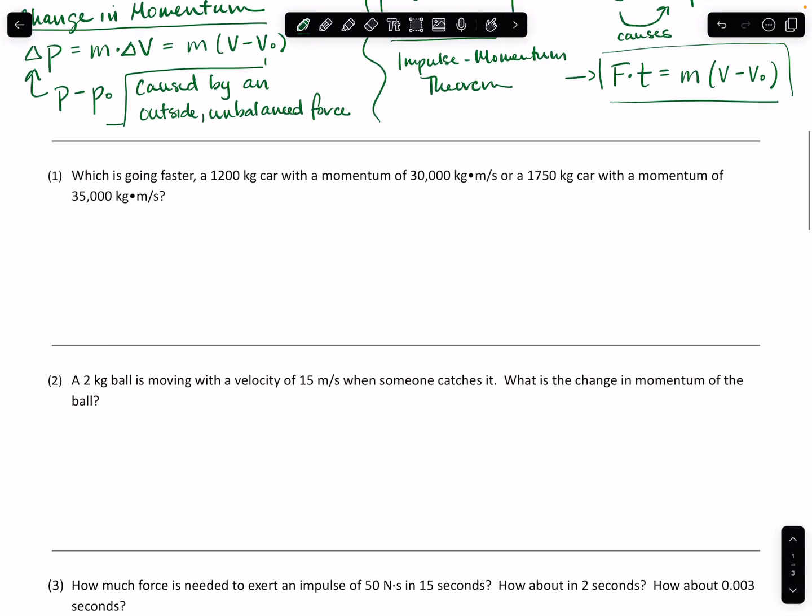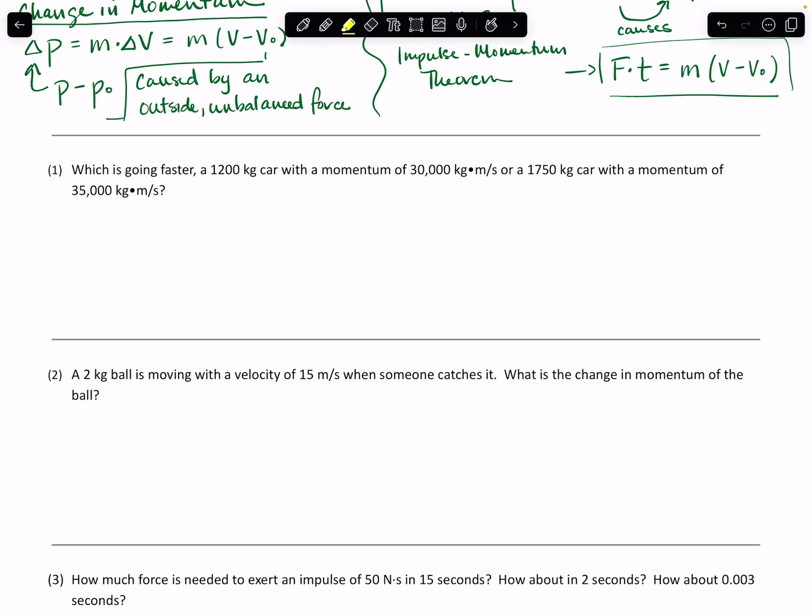All right, so we're going to try a couple of these. These are pretty straightforward problems, and then we're going to end by talking a little bit more about the relationships between some of these variables. All right, so here, which is going faster, a 1,200 kilogram car with a momentum of 30,000 kilograms times meters per second, or a 1,750 kilogram car with a momentum of 35,000. All right, so for these problems, we've got a mass and a momentum, and we're asked to find velocity.